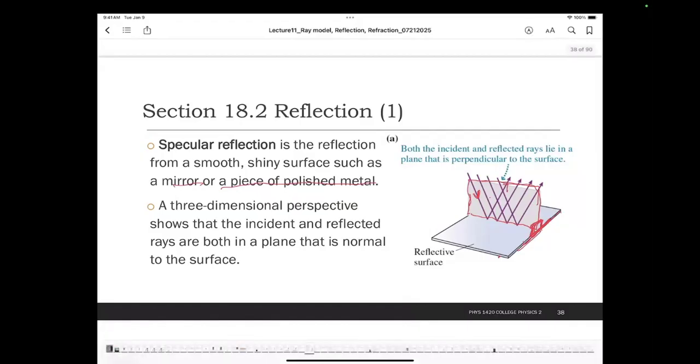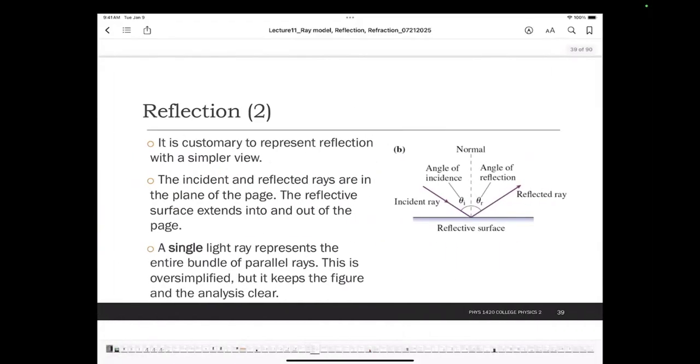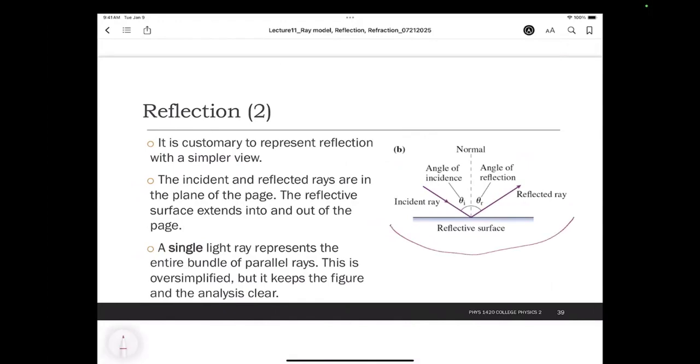It is customary to represent reflection with a simpler view. We can use this diagram to simplify how the light does the reflection.